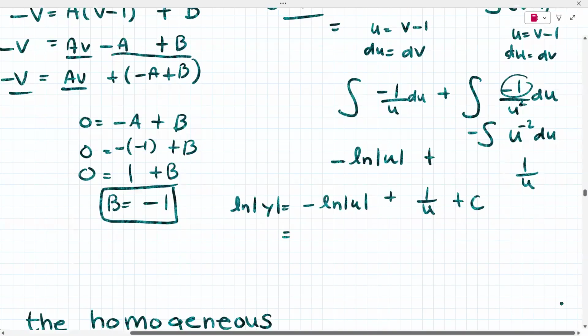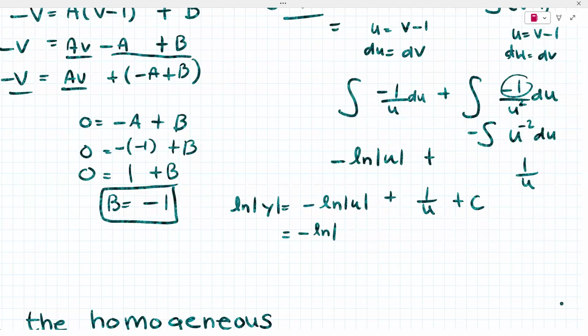And then what you could do is plug in your u. So this is negative ln absolute value of v minus 1, plus 1 over v minus 1 plus c.